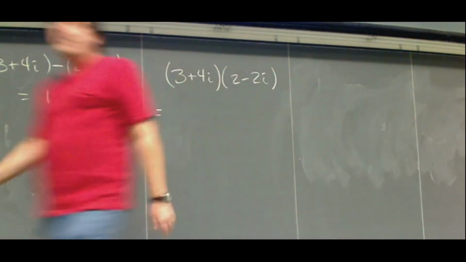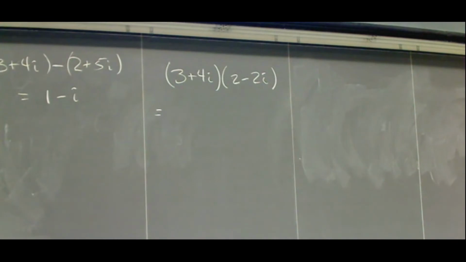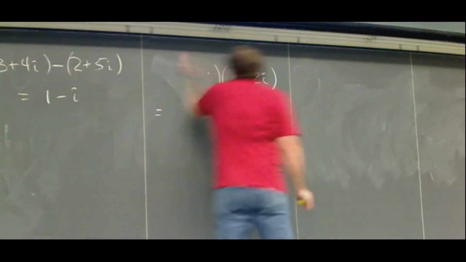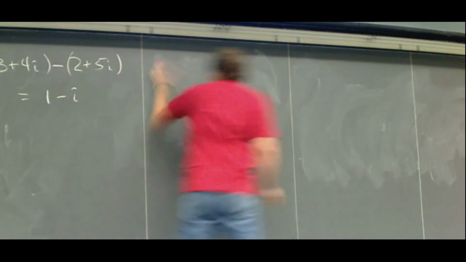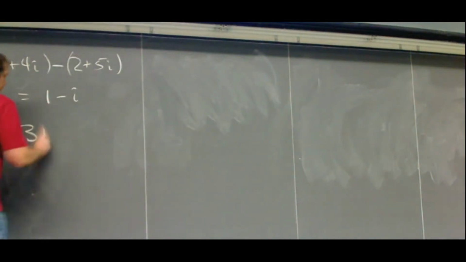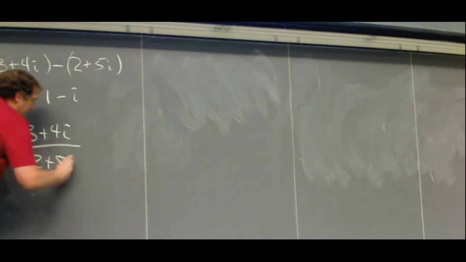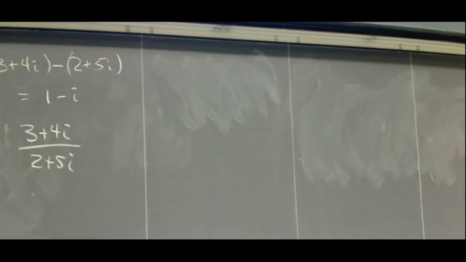So let's suppose instead we want to do division. So if I have a problem like, let's just do the same ones, 3 plus 4i divided by 2 plus 5i, and I want to write this in the form a plus bi. We use the trick that we used when we took limits and so on. We just multiply the top and bottom by the conjugate.